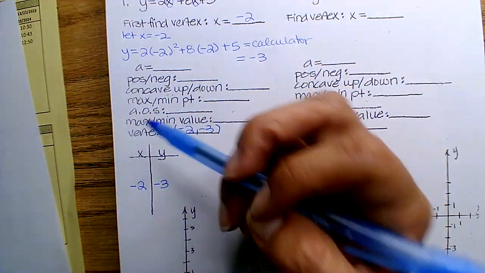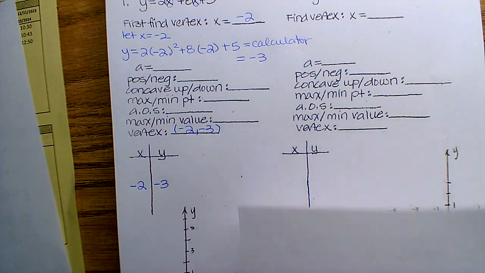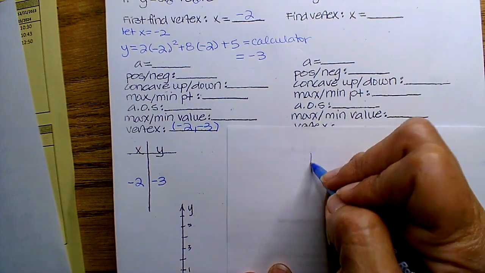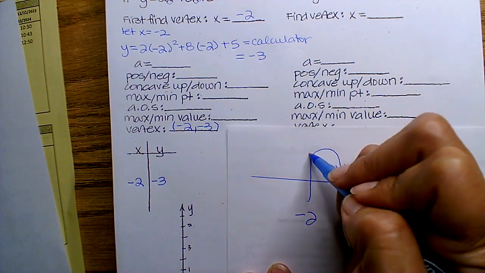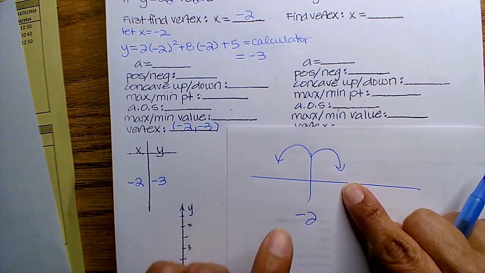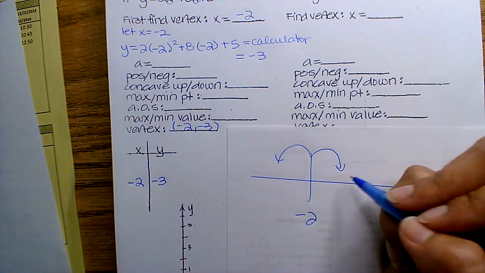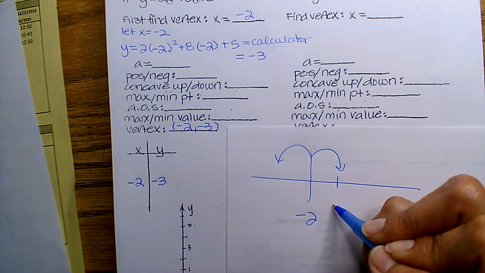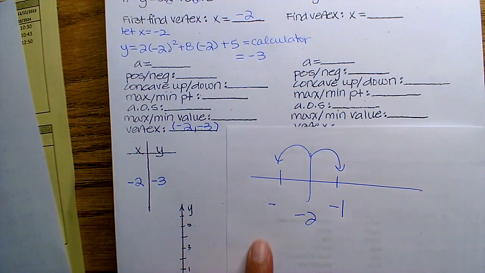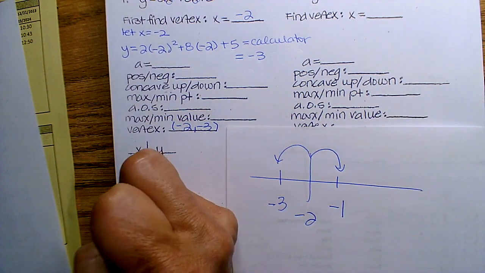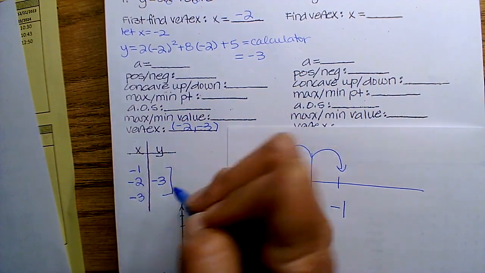Okay, so if this is my number line and this is -2, what number is 1 to the right and 1 to the left? I went the other way. -1 and -3, they're going to have the same y value.